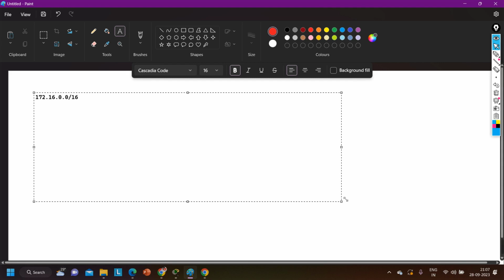This is an IP address of class B, so by default network bits for class B is 16. Here I need 15 networks. What should be the slash value? 20. Yes, sir.